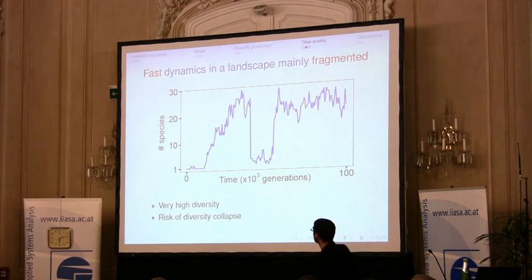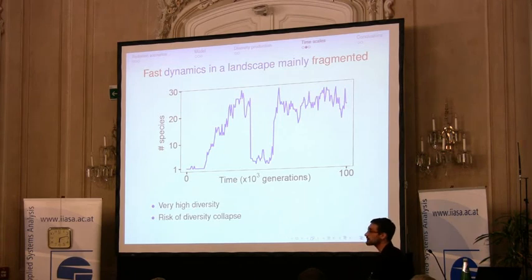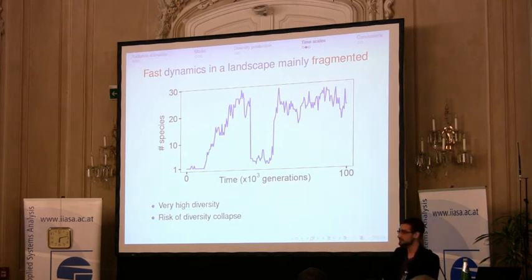And this kind of radiation is generated by fast landscape dynamics in a landscape mainly fragmented, which means that sites are most of the time allopatric, but we have frequent and short secondary contacts.